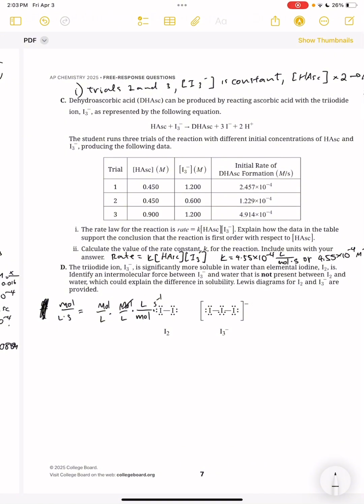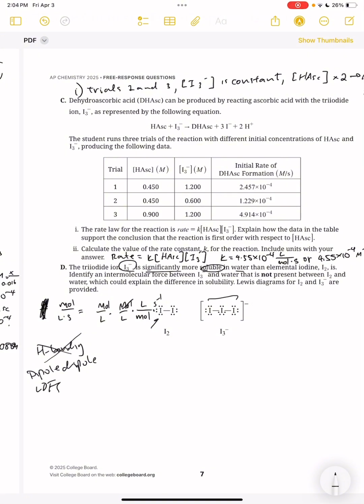So basically, this is more soluble in water, but not normal iodine, which is like this one. Explain the difference. So our options here are pretty limited. So I just went down the list here. No hydrogen bonding because no hydrogen, no dipole because no polar, and then no LDFs because both of them have LDFs.